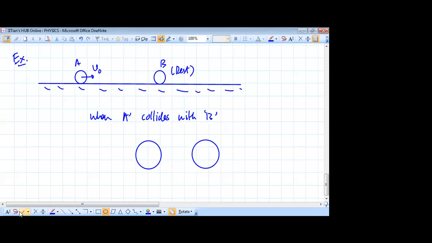During the actual impact, A will be applying some kind of force on B. It will be like this. But B will be applying an equal and opposite reaction force on it.